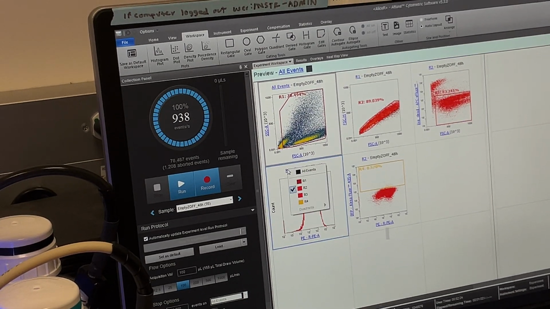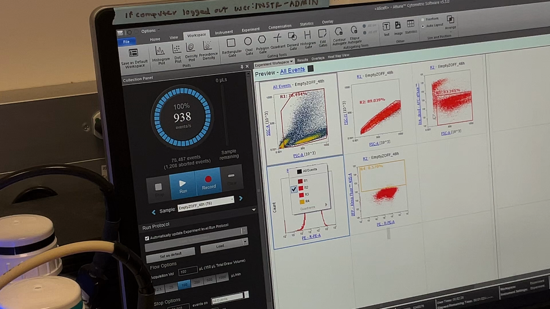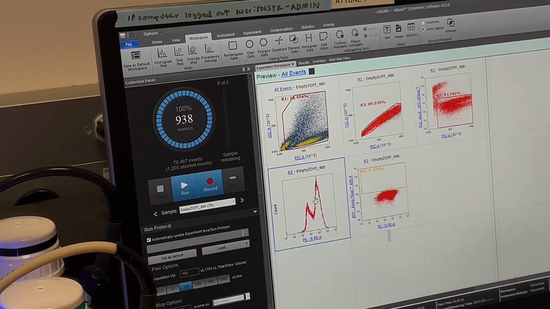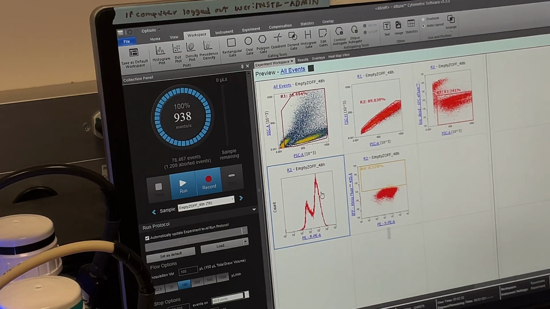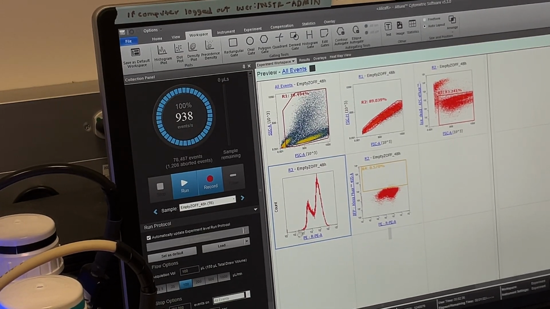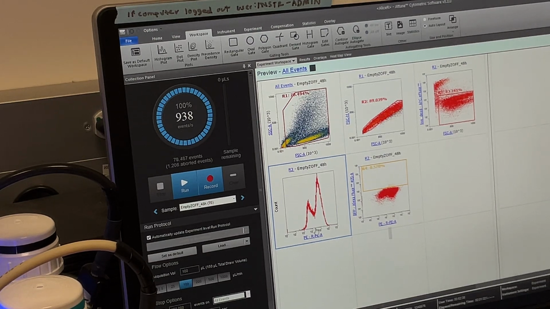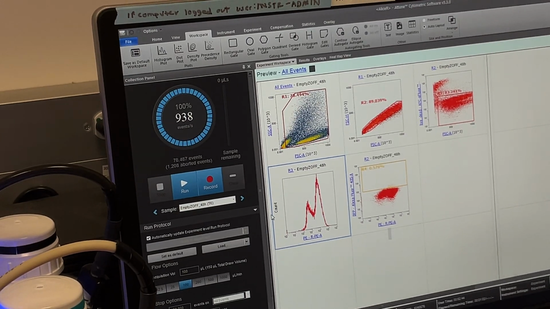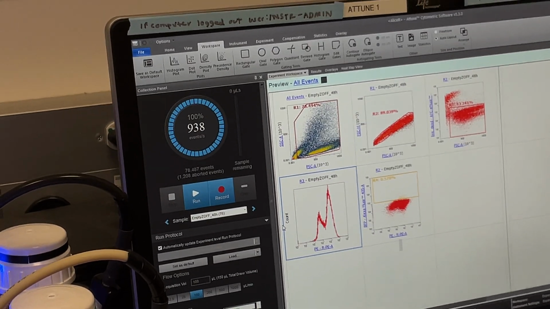So this is live dead. I don't know why, but there is a low CD55 staining right here, so it could be that we didn't add enough CD55 antibody, but we'll compare with this one now. This is the one with the knockdown.